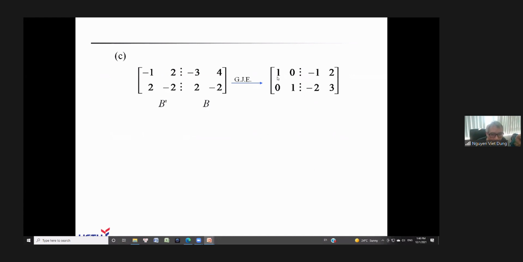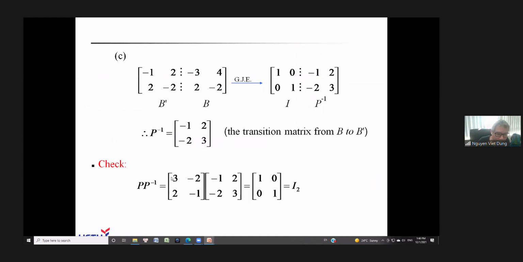When the first part becomes the identity, the second part will become that matrix, and that matrix is exactly P inverse. So P inverse is that one, and you can verify that. That P inverse has the name transition matrix from B to B prime.